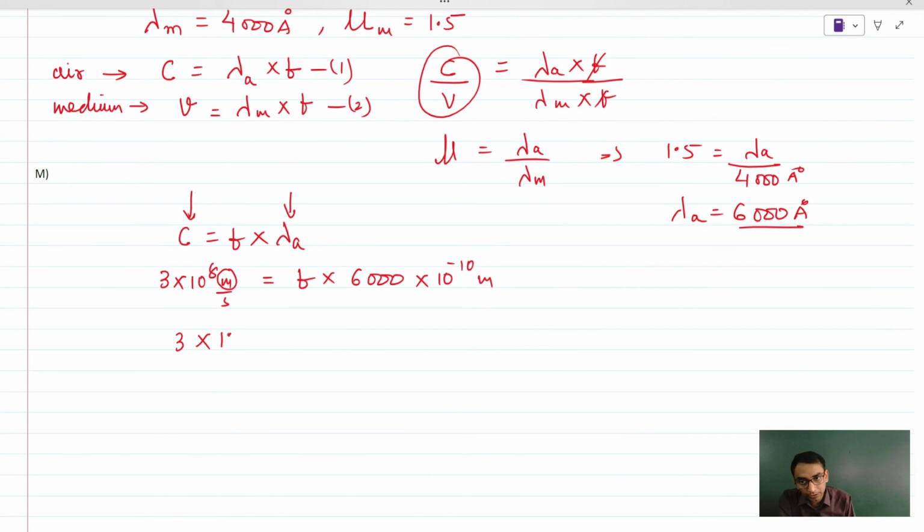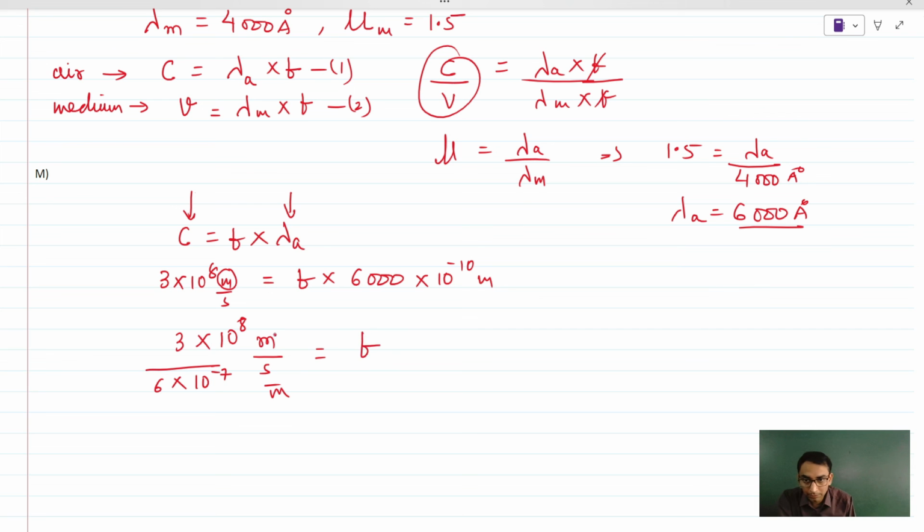So 3 into 10 raised to 8 meters per second, upon 6 into 10 raised to minus 7 meters.